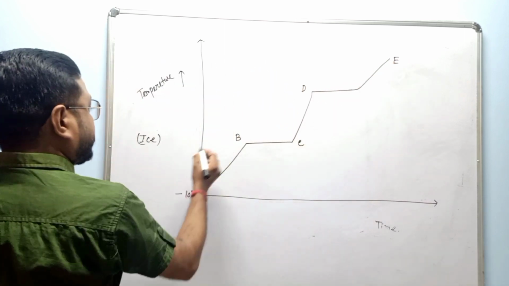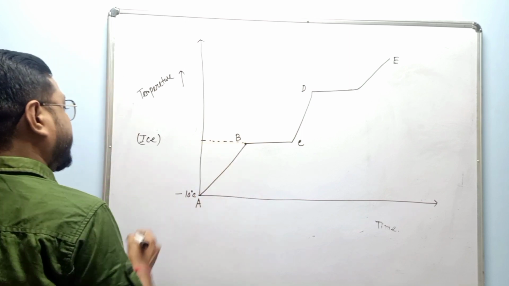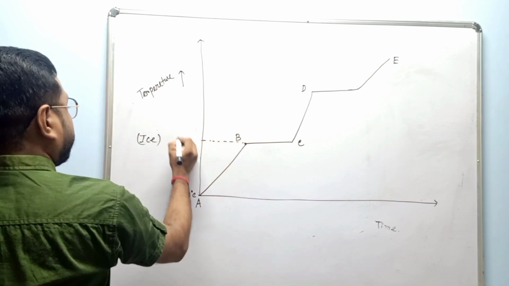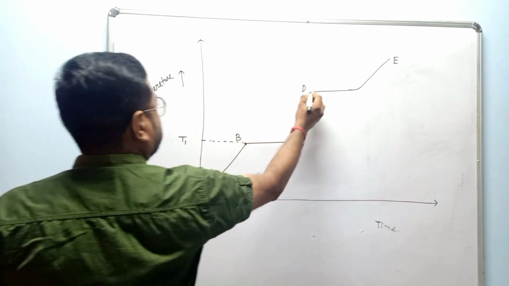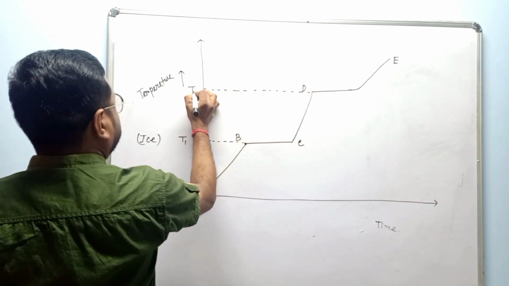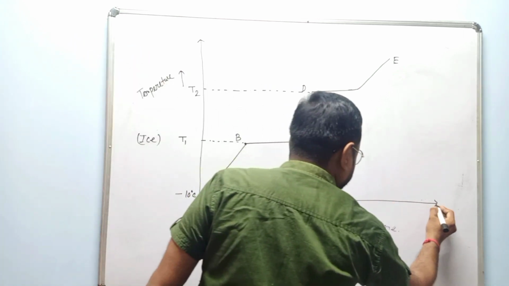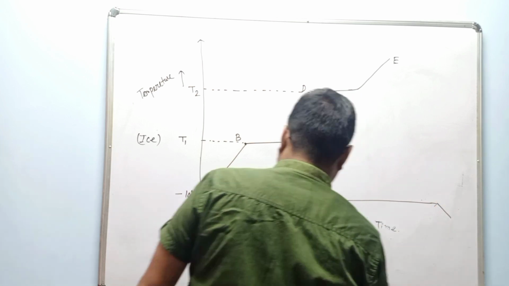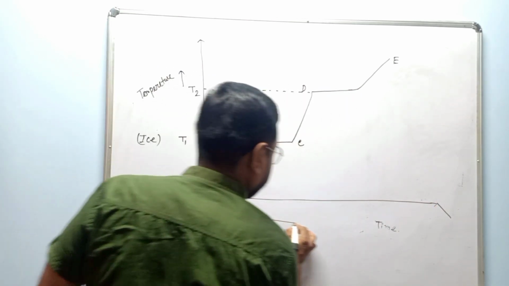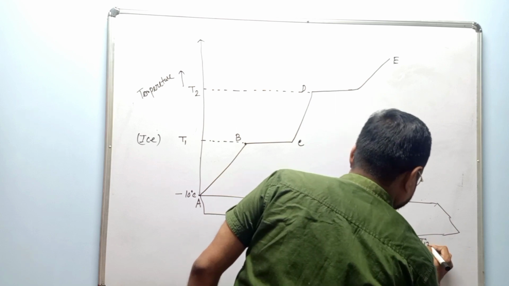There are two certain temperatures corresponding to B and D. The temperature corresponding to B is given by T1, and corresponding to the point D it is given by T2. And if we draw this, this is the time axis.